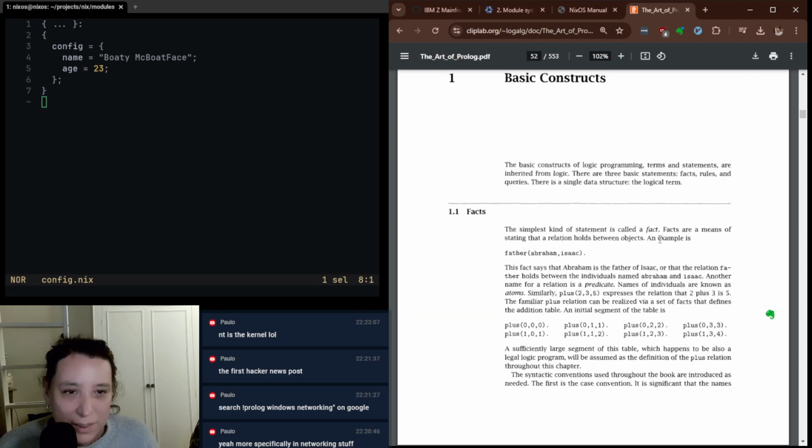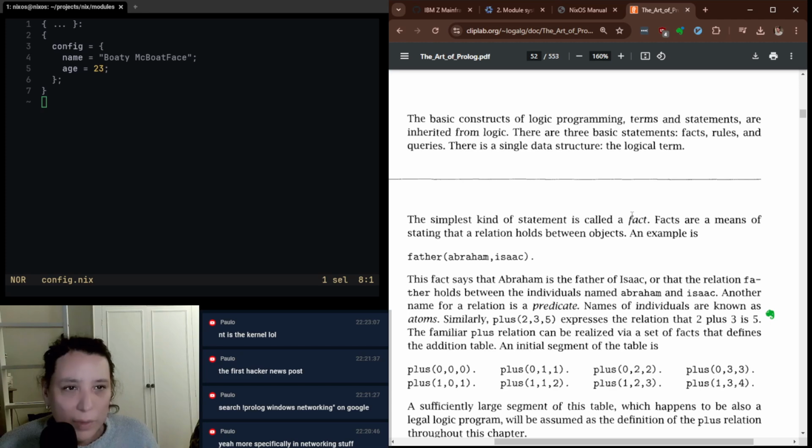Basic constructs. The basic constructs of logic programming, terms and statements, are inherited from logic. There are three basic statements: facts, rules, and queries. Okay, guys, remember that. Facts, rules, and queries.